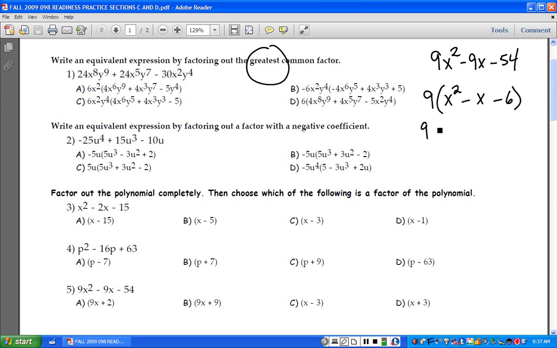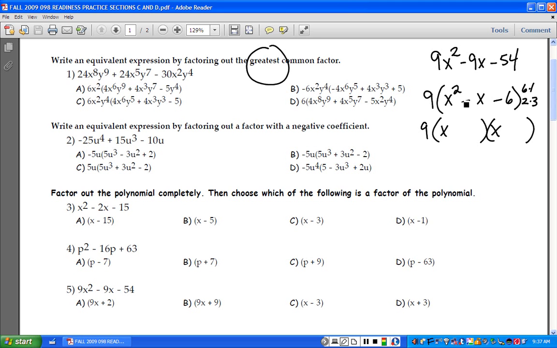So now we know that this trinomial here is going to be broken up into two binomials. So we want an x squared, so first times first has to give us the first, so x times x will give us the x squared. And 6 is either 6 times 1 or 2 times 3.